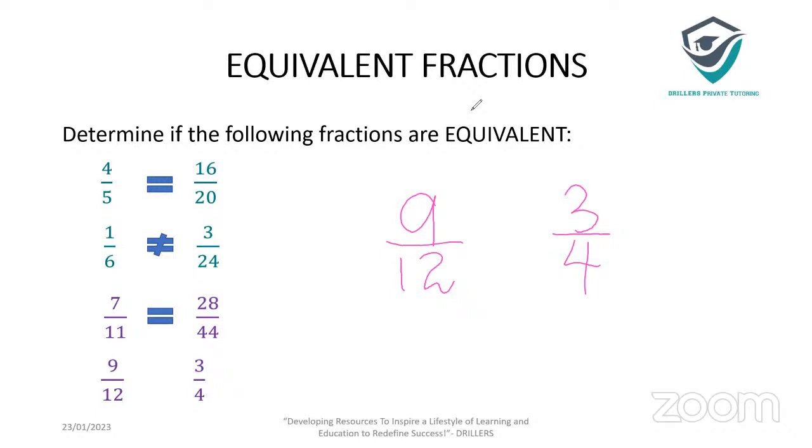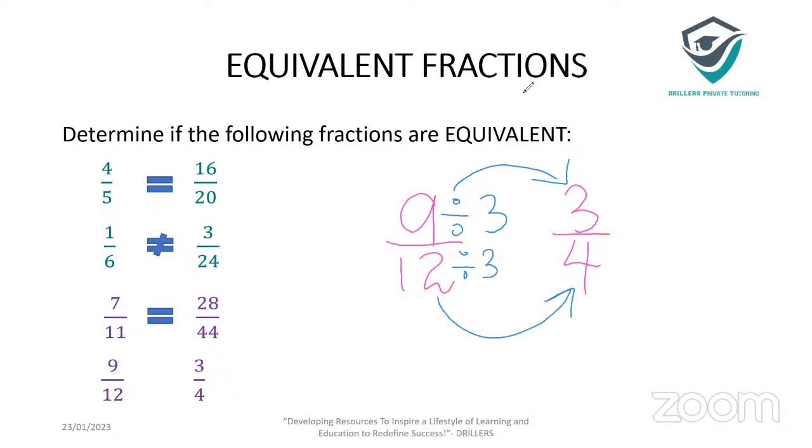So if we look at the numerators first, I'm going to tell myself, how do I get from 9 to 3? So we know 9 divided by 3 will give me 3. So therefore, I have to divide my denominator by the same number, which is 3. 12 divided by 3 will give me 4.